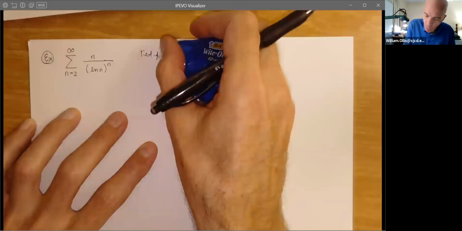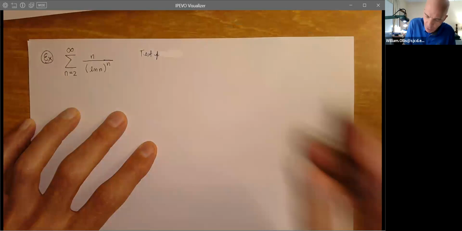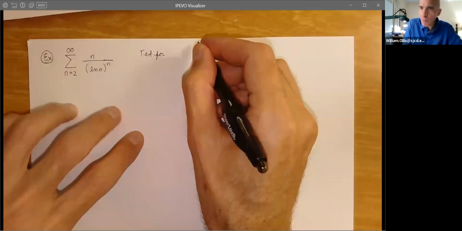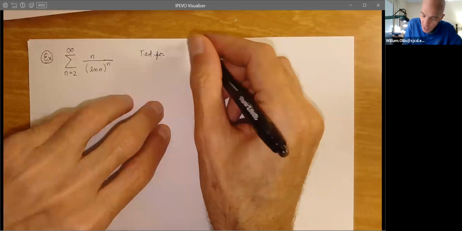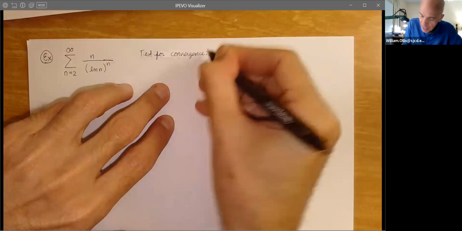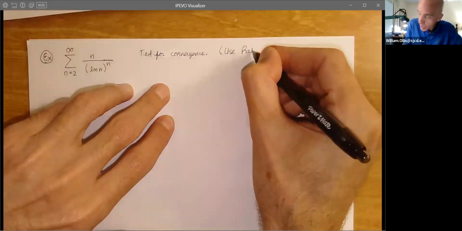One thing about the WebAssign, they will often say use this test. Okay, fine, use it, unless you don't have to answer questions about it, use whatever you like. So test for convergence. And in this case, I'm going to say use root test.